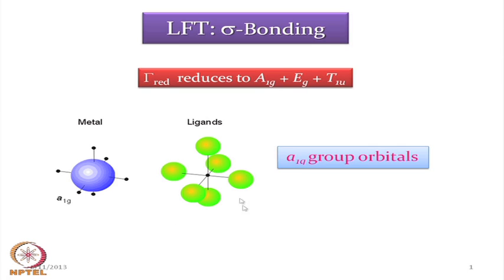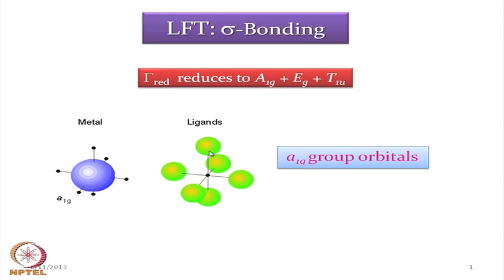From the ligand side, if we use 6 ligand orbitals available for sigma bonding, the corresponding symmetry levels for Px, Py and Pz are available for overlap with the A1g metal orbital, and the A1g group orbitals will look like this.